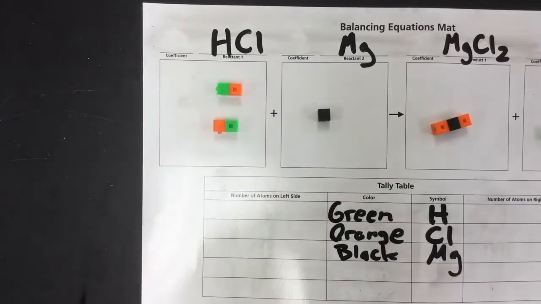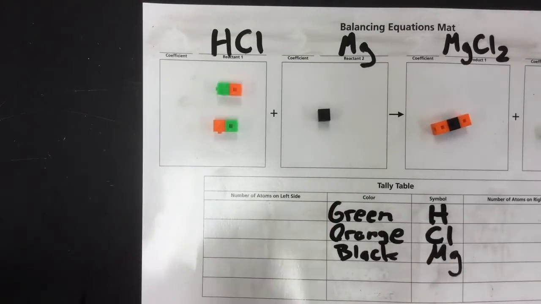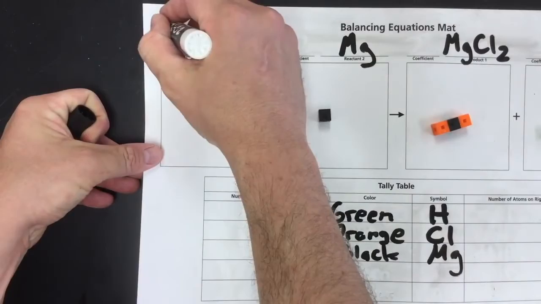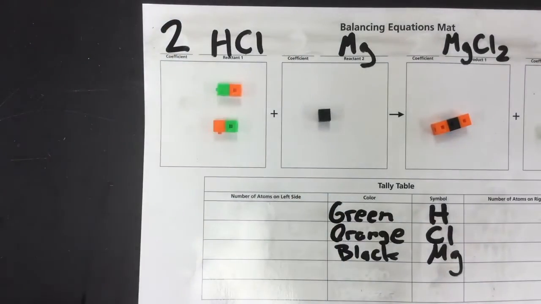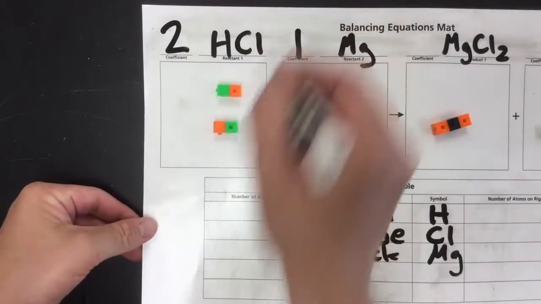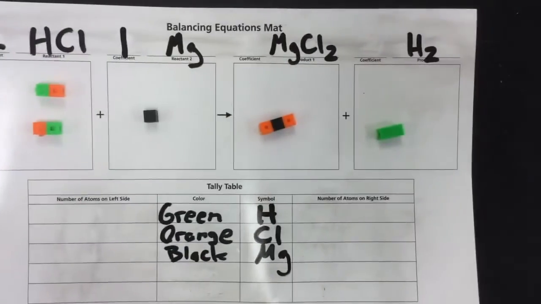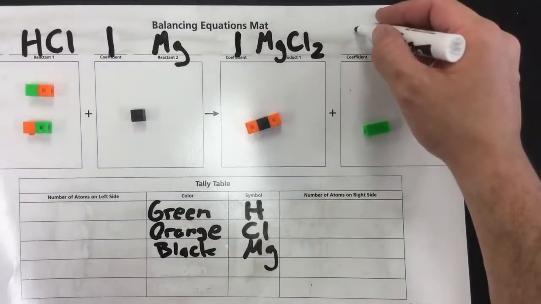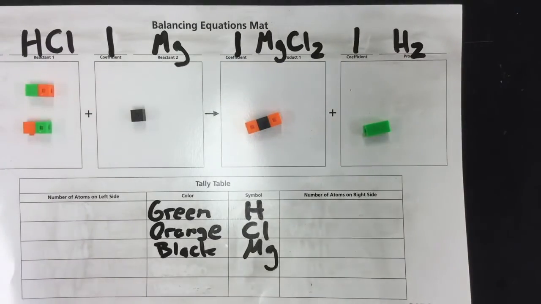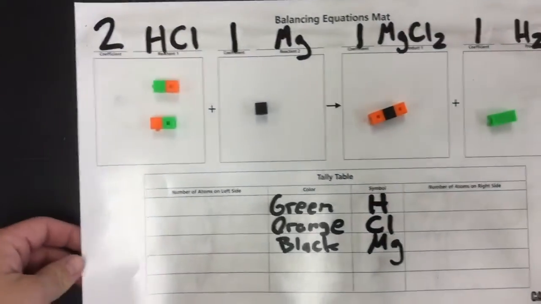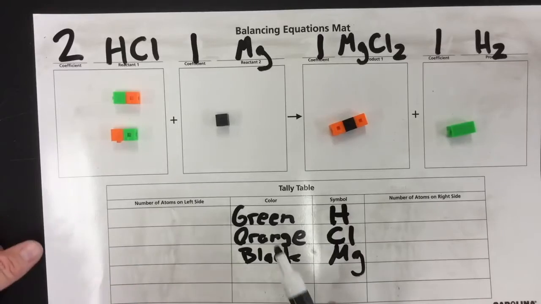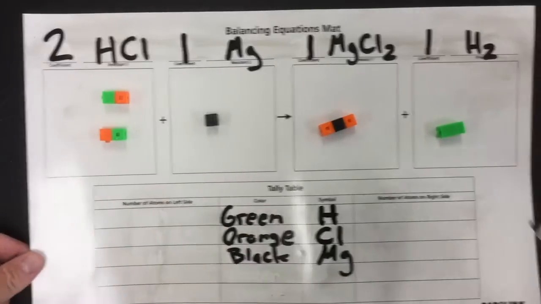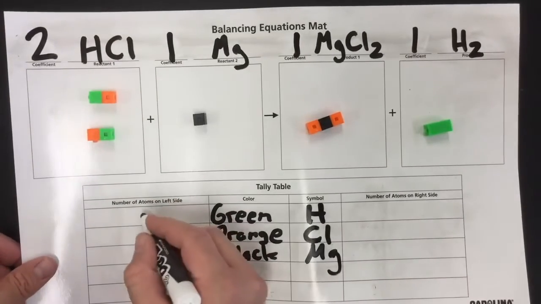On this side of the map, in the reactants, we have 2 particles of HCl and 1 magnesium atom. In the products, 1 particle of magnesium chloride and 1 molecule of H2. If we tally up the atoms, green, 1, 2, 1, 2, so 2 on each side.